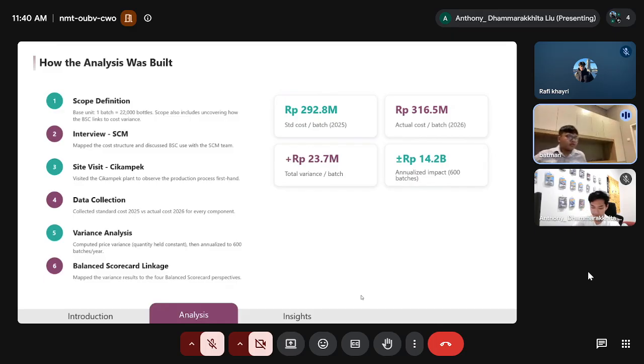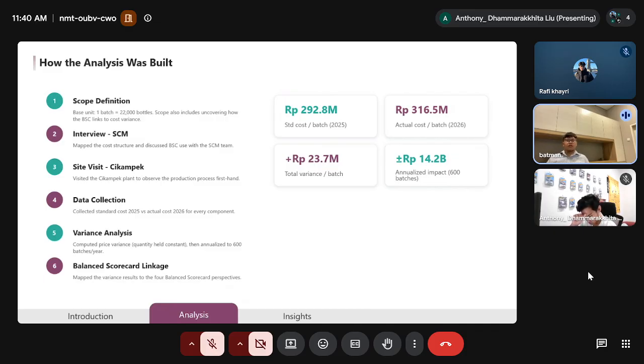Okay, before showing the result, let me explain how we did this analysis step by step. First, we define the scope. Our base unit is one batch, which equals 22,000 bottles. Second, we interviewed the supply chain management to understand the cost structure.